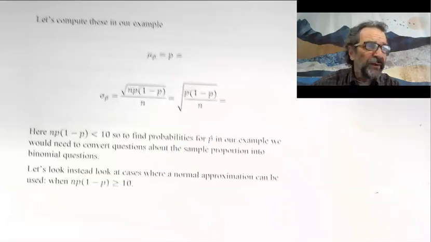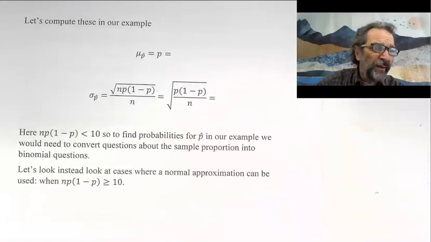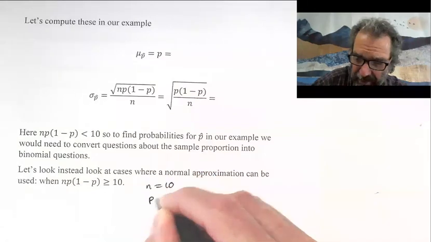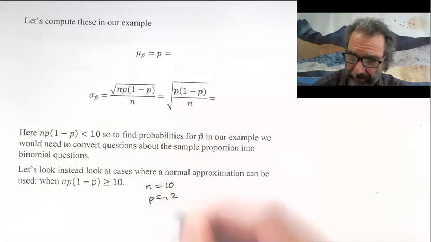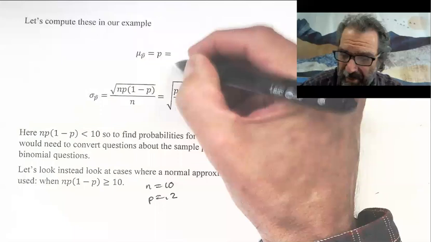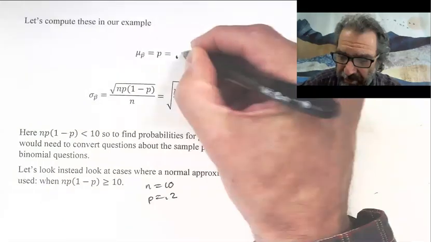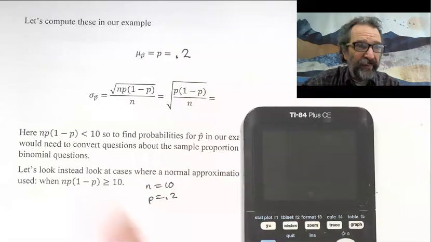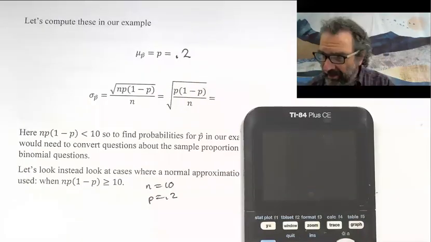So let's compute these in our example. Really, our example was N is 10 and P is 0.2. So up here, it's just 0.2, no computing really necessary. And then that there, what's it look like? P is 0.2, so I've got to be careful how I do this.